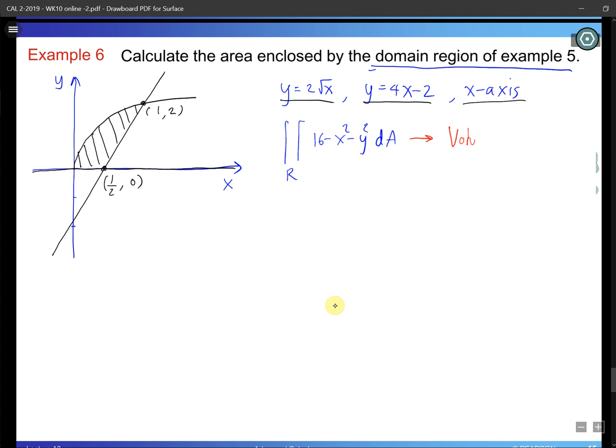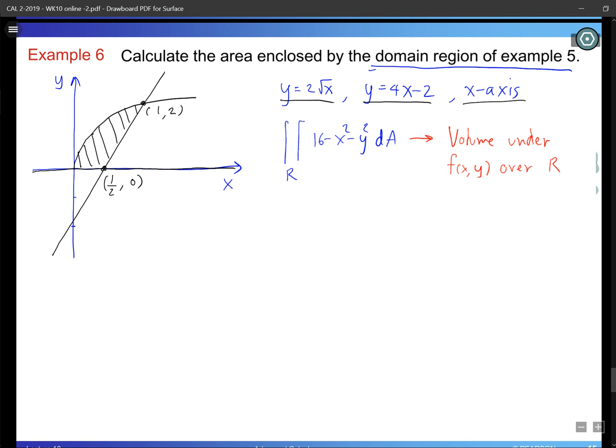Volume under, not just any volume, it has to be the volume under the function surface, and we are going to use f(x,y) here, that is function surface. And not just under function surface, it has to be above a certain base, and that base is the domain region. Under f, over domain region, which is R.